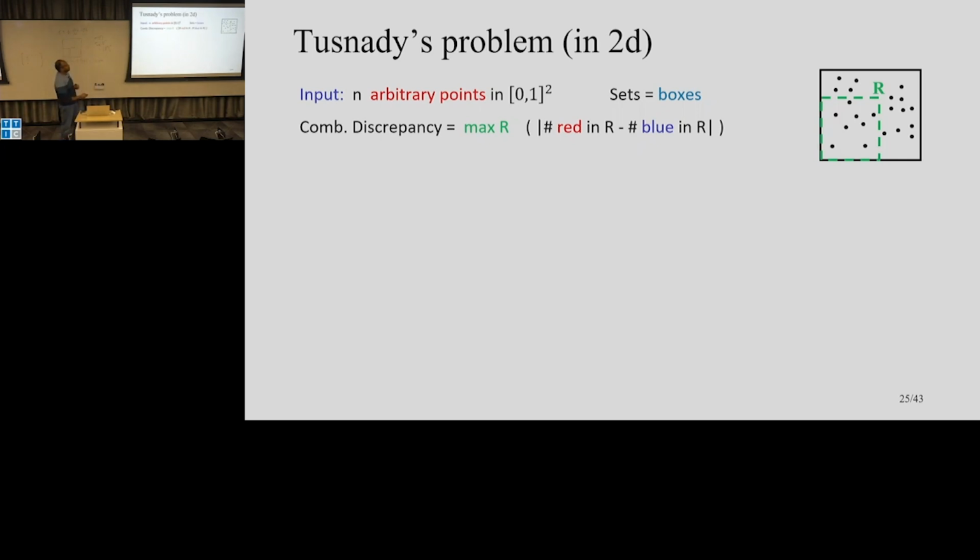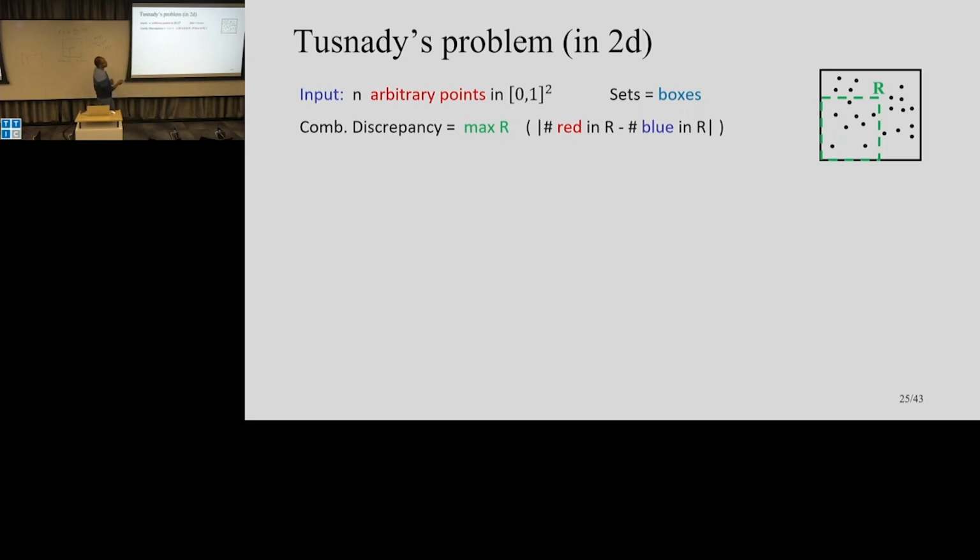And I want to color the points +1 and -1, or red and blue, in a fair way. So if I look at any rectangle R of this type, anchored at the origin and extending somewhere, there are infinitely many such rectangles, or maybe n to the 4 of them, whatever.